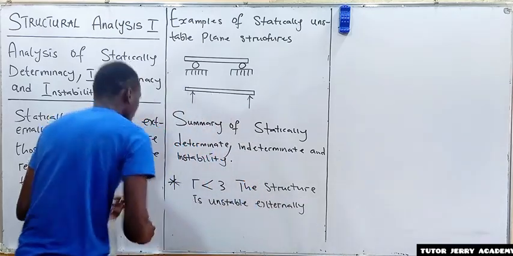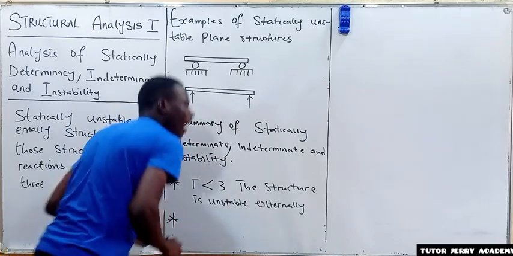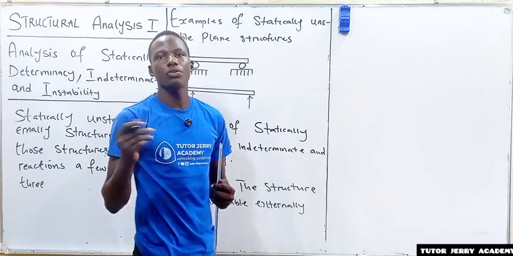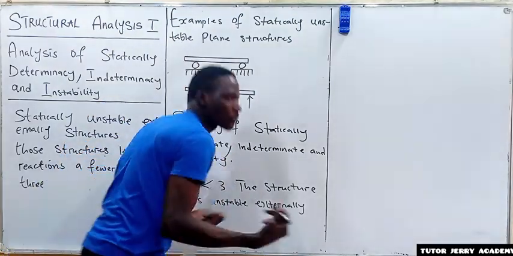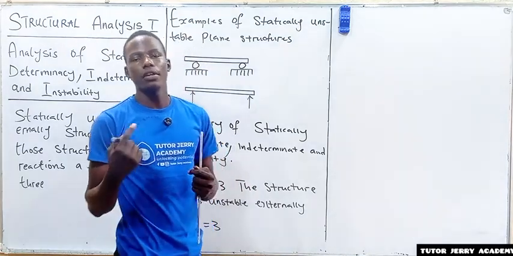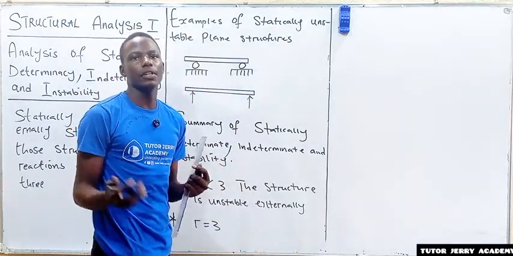All right. Secondly, when we have R equal to 3, what does it mean? It means the structure is statically determinate externally.